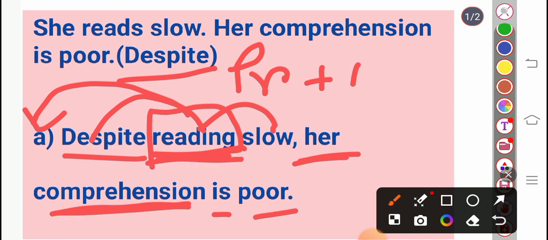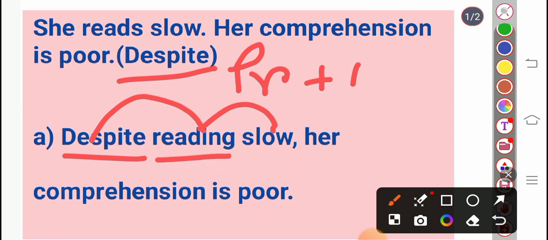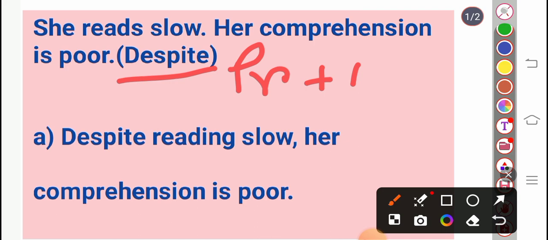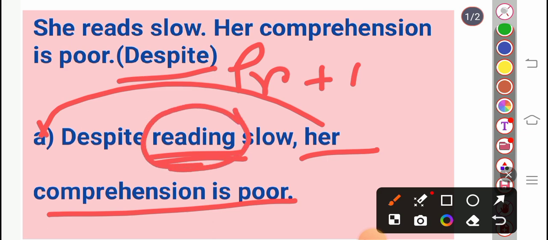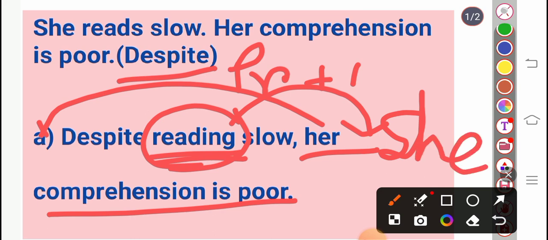Actually, we can correct it. We have to think of it in this way. The subject of the principal verb will act as the subject of the term reading. Now, reading is the kind of activity which can be done by a person. So obviously we have to provide here the term she.